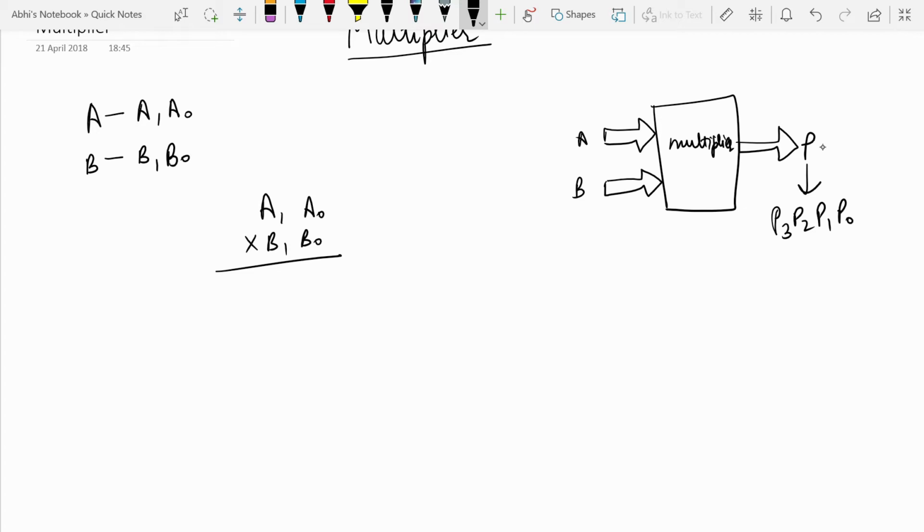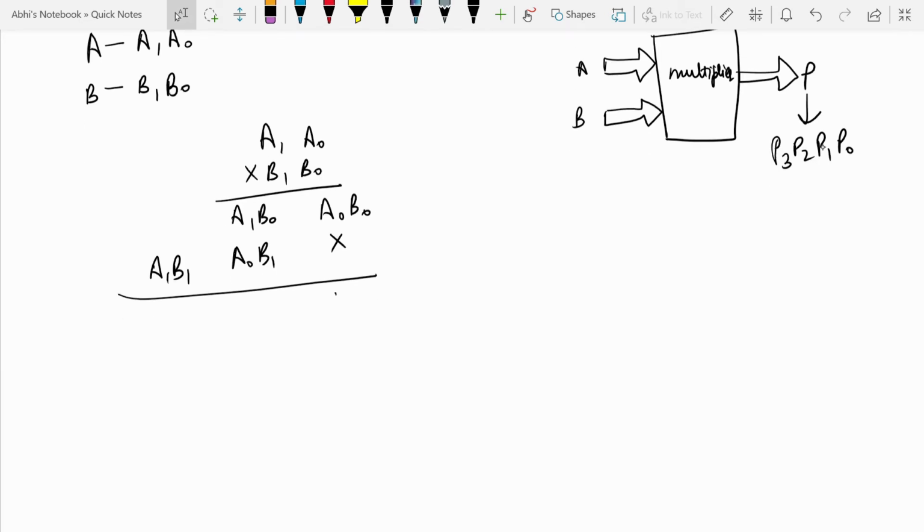So in the 0th column we have A0 B0 and in the first column we have A1 B0, A0 B1, and A1 B1. Now we will simply add the columns. The carry of the first column will go to the second column.